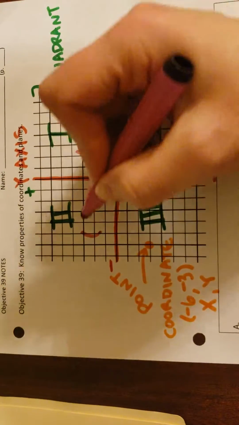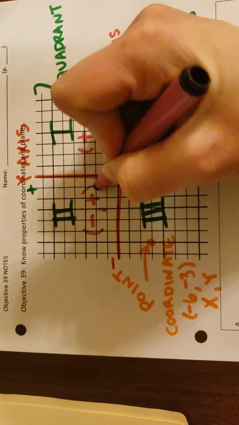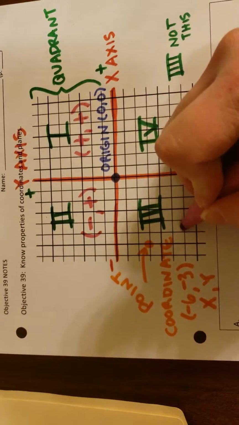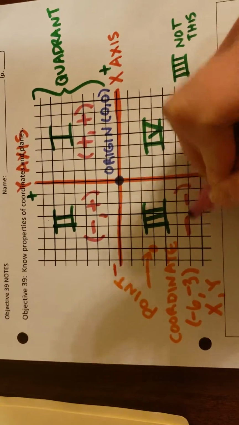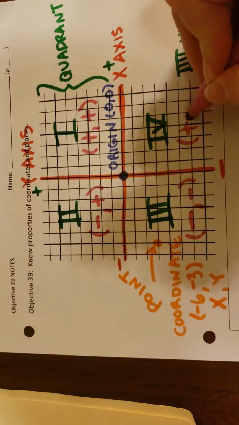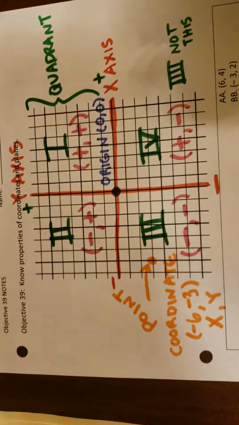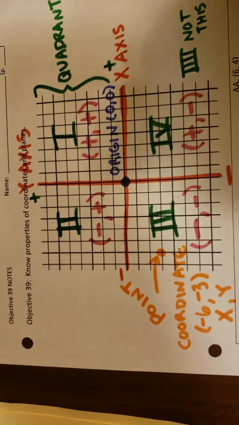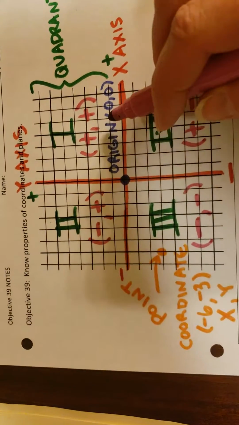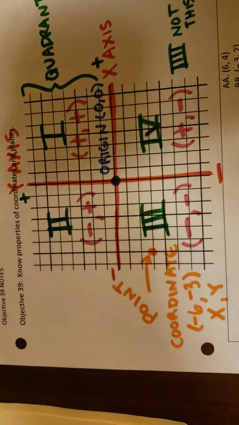Anything in the second quadrant is going to be a negative and then a positive. Quadrant 3 is going to be two negatives. Quadrant 4 is going to be positive and then negative. Kids sometimes laugh at this, calling this the winking owl, the sleeping owl, and maybe the dead owl. I don't know if his eyes were X's maybe.